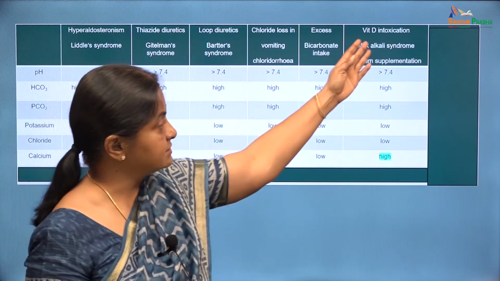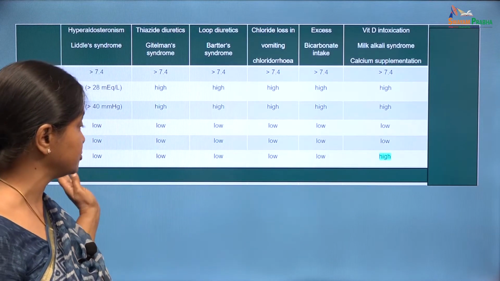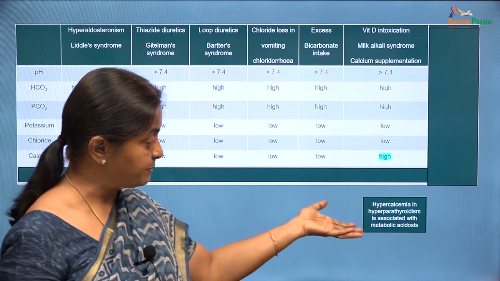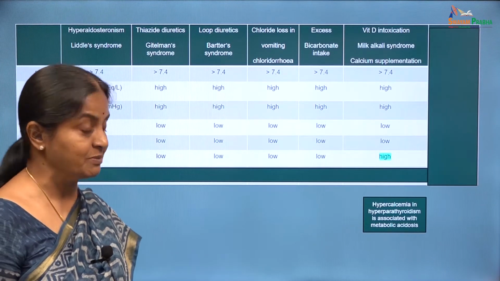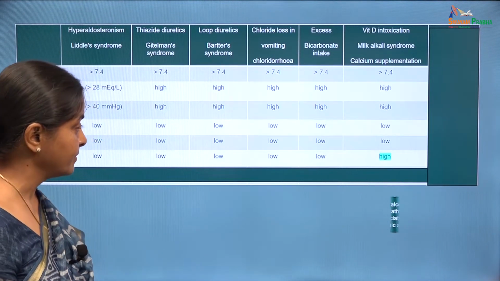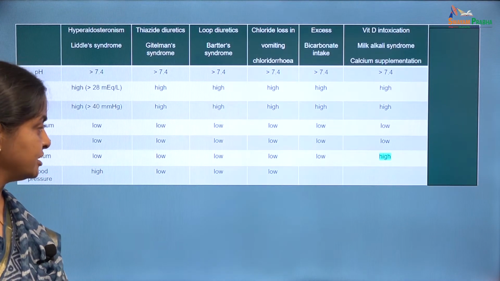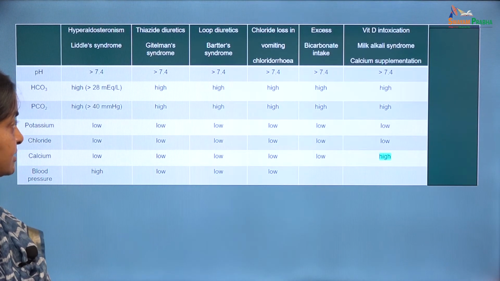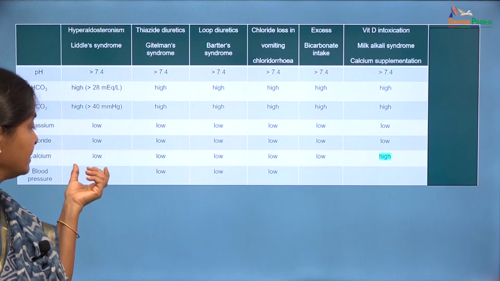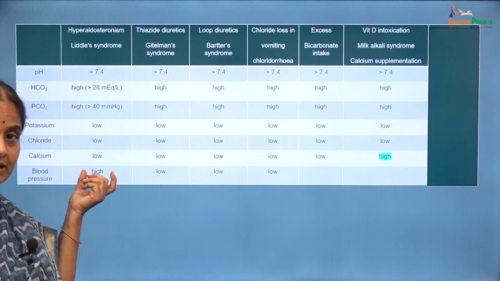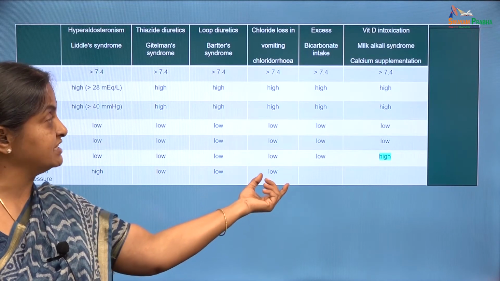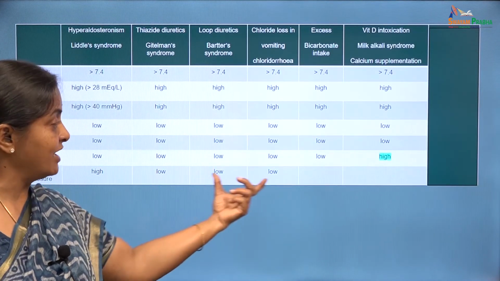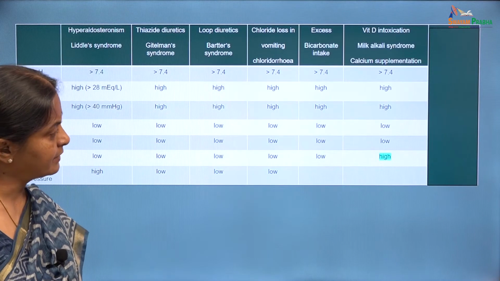While a high serum calcium in these conditions is associated with alkalosis, hypercalcemia of hyperparathyroidism we just saw is associated with metabolic acidosis. One other feature that you would use to differentiate between the conditions is that in hyperaldosteronism you would have a high blood pressure, whereas in the case of diuretics, vomiting, diarrhea, etc., you would have low blood pressure.